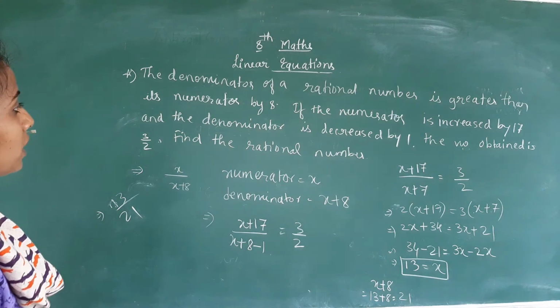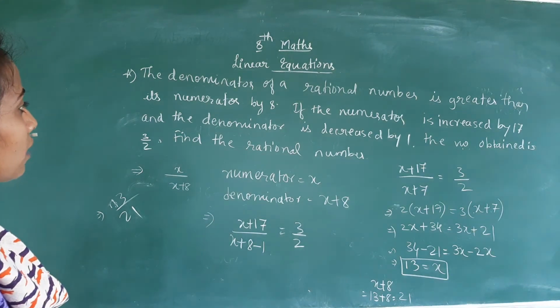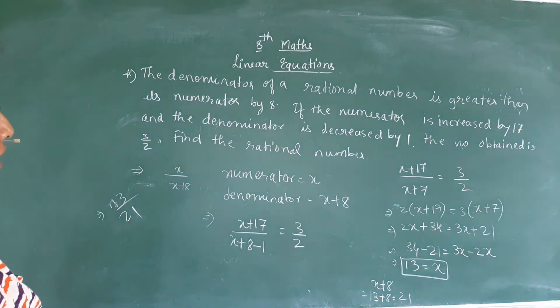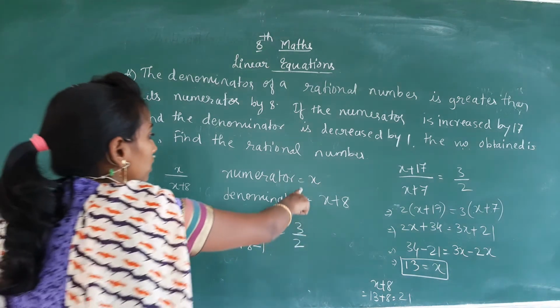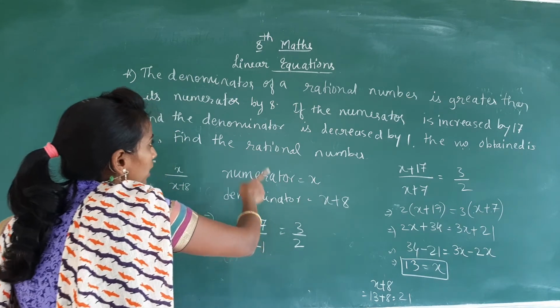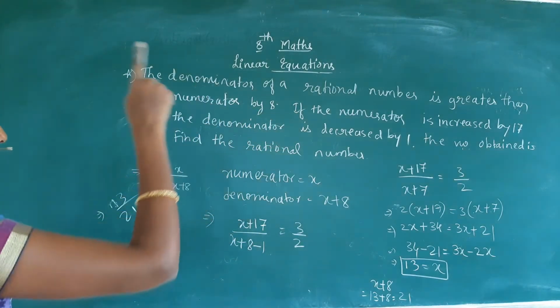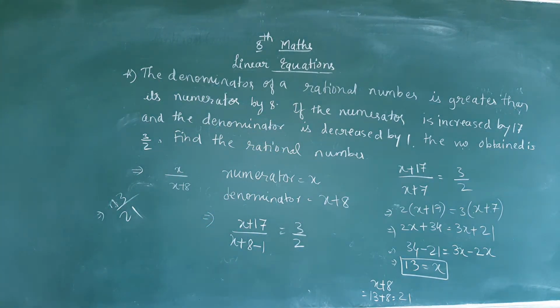I will explain once again. See, the denominator of a rational number is greater than its numerator by 8. We don't know the numerator, so we take it as x. The rational number should be in the form of p by q. Here we have got the answer 13 by 21, where the p value is 13 and the q value is 21.